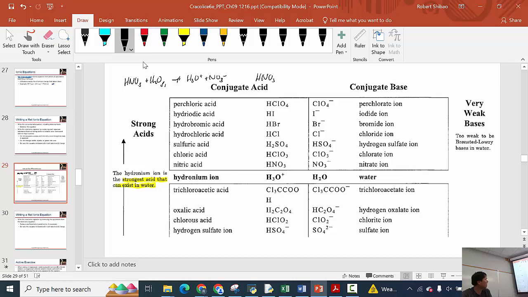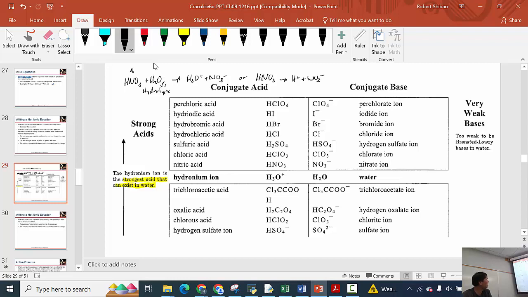The other way of writing this is as an electrolyte. That is, nitric acid doesn't exist in water, it dissociates into the ions. This one equation we call hydrolysis. Lysis is just breaking apart, but it's the reaction with water here, hydrolysis.